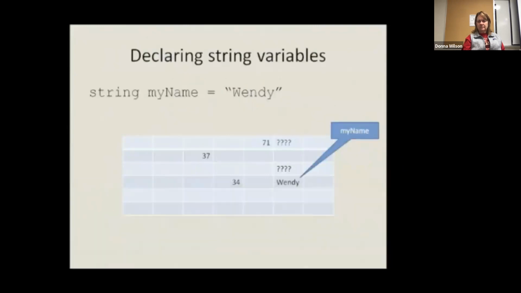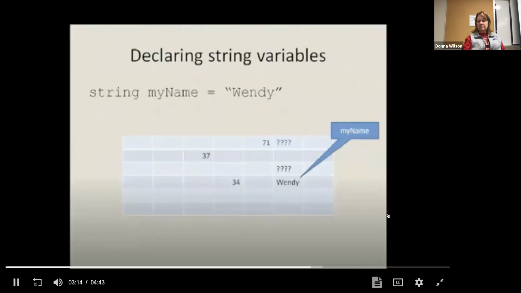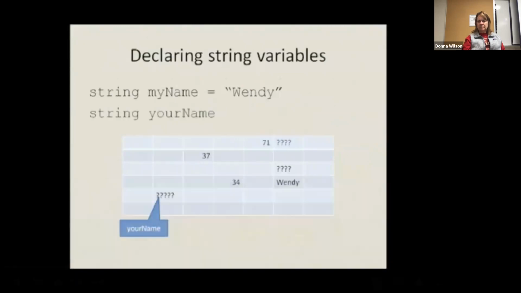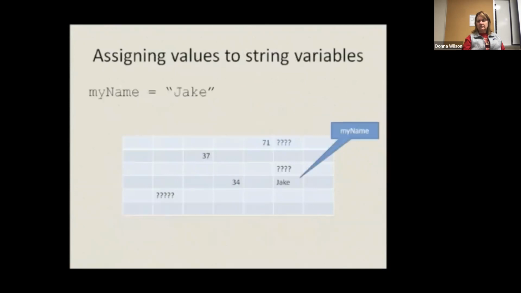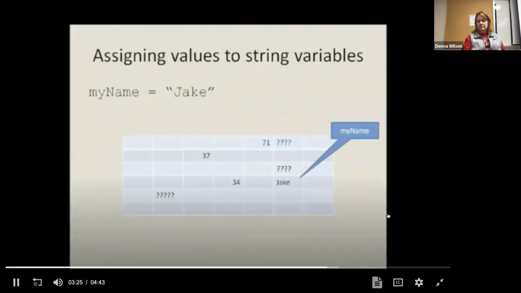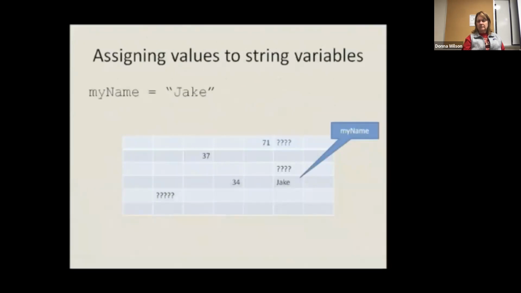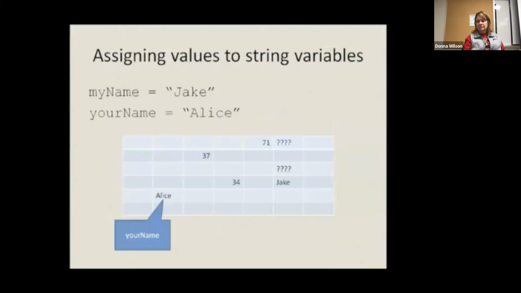You might declare a string variable, my name, and initialize it to Wendy. You might declare another string variable, your name, and not assign any initial value and have garbage stored there. You could assign a value to my name later by storing Jake there. You could assign a value to your name later by storing Alice there.